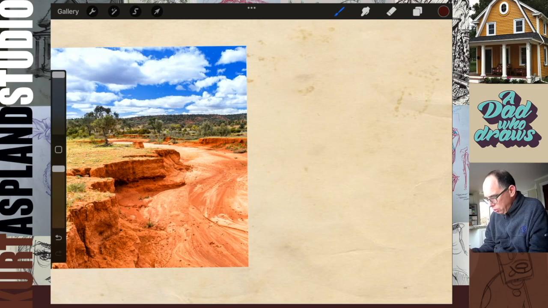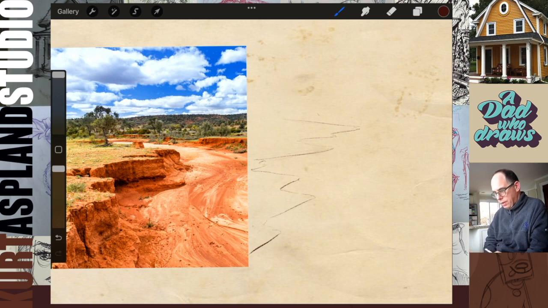But essentially what we're talking about here is, let's just quickly rough in this cliff here. And once again, I'm going to think of shape. I'm thinking of shape here. And I'm just kind of roughing in the left-hand side here, just like a flag.